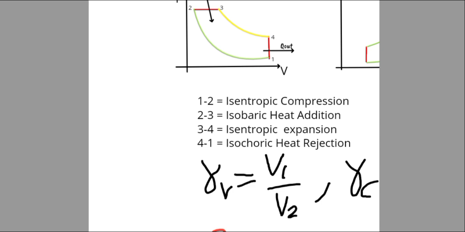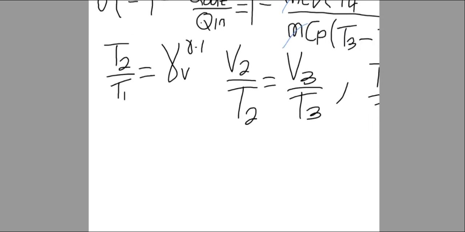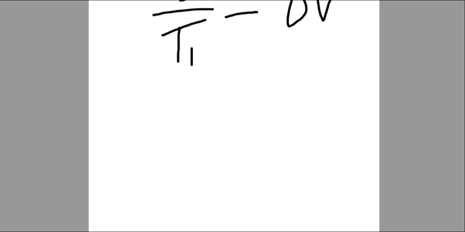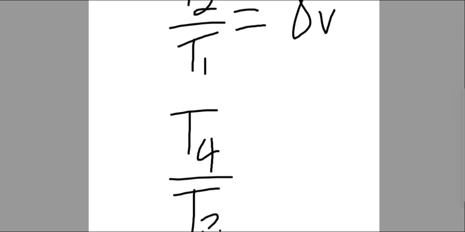If I draw the relationship between the values of V and T there, we are going to have T4 over T3.